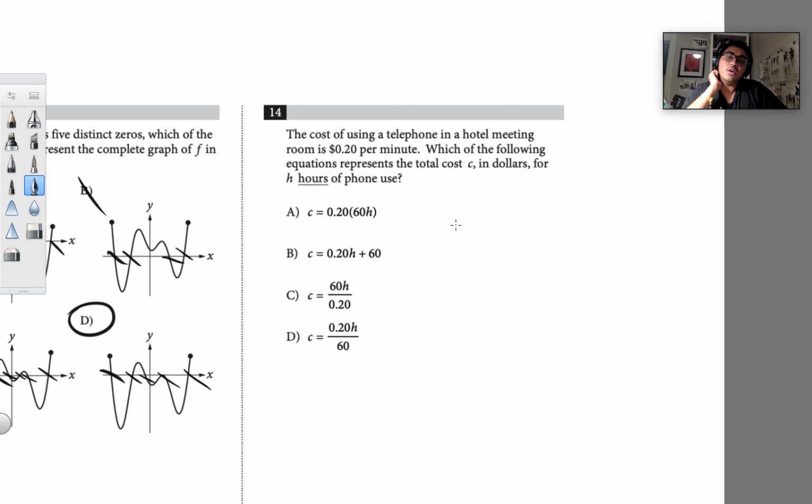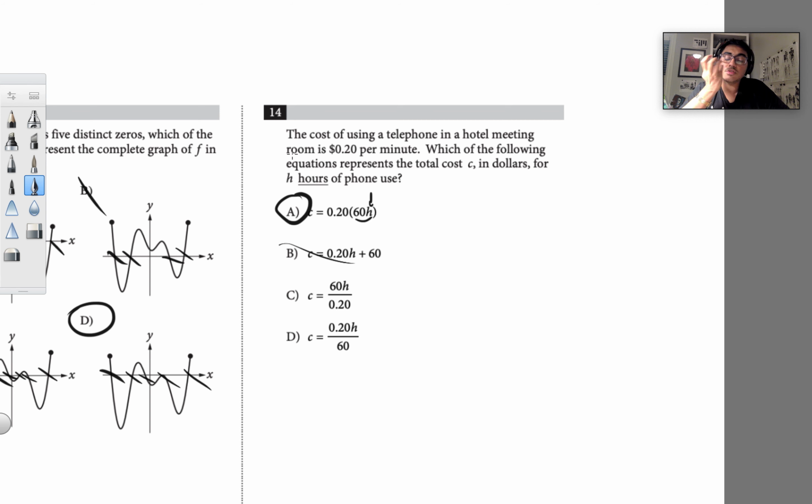Alright, so it's 20 cents per minute. There's 60 minutes in an hour. So if we have 1 hour, it'd be 20 cents times 60, so it'd be A. This doesn't make sense. 60 hours.